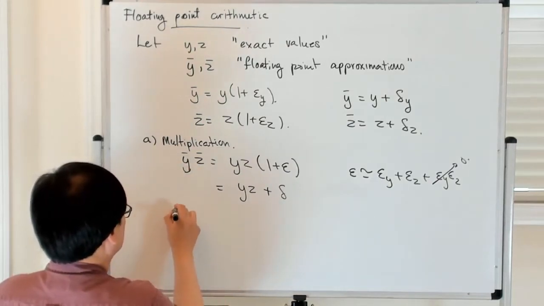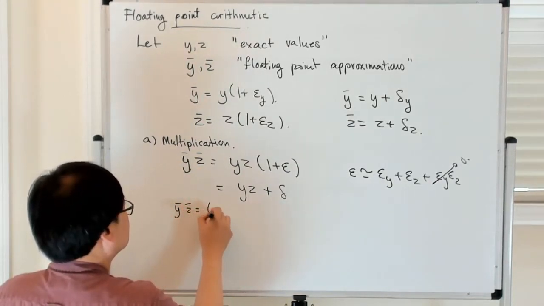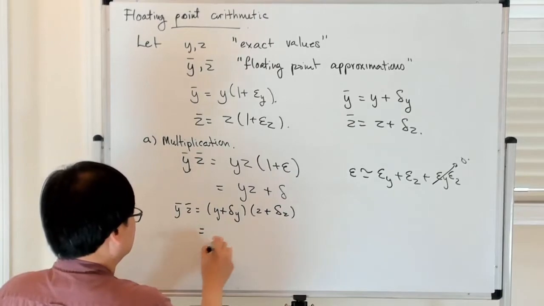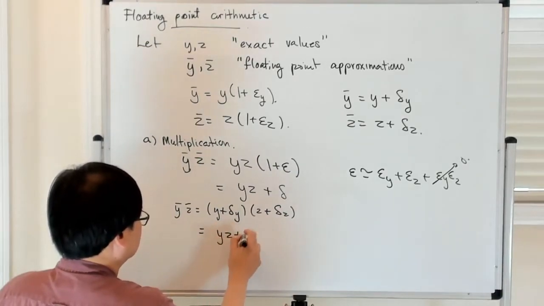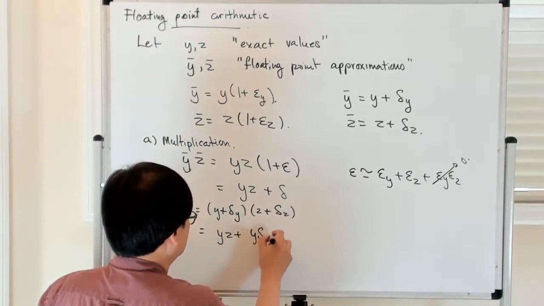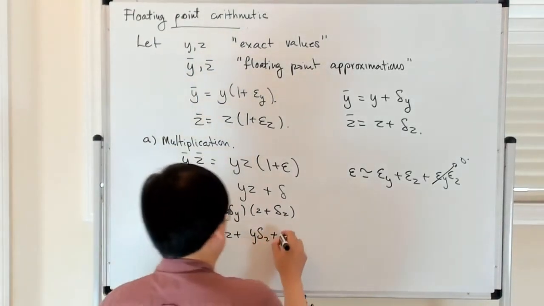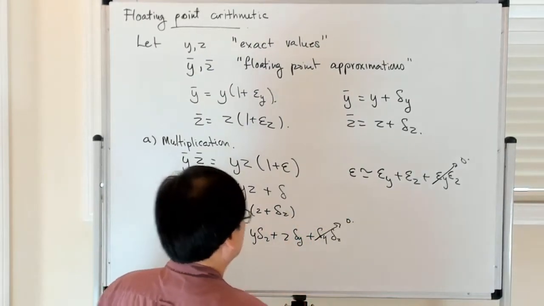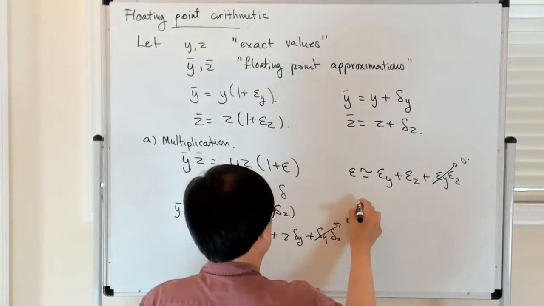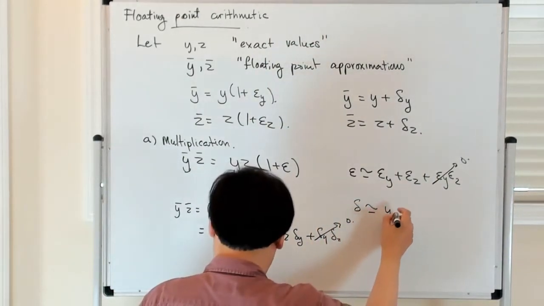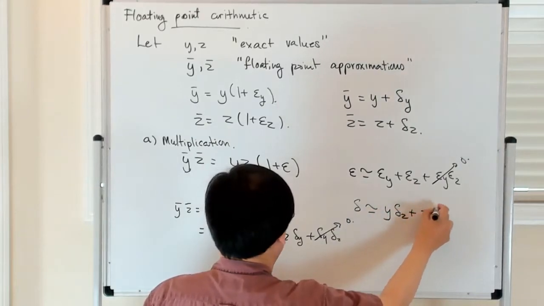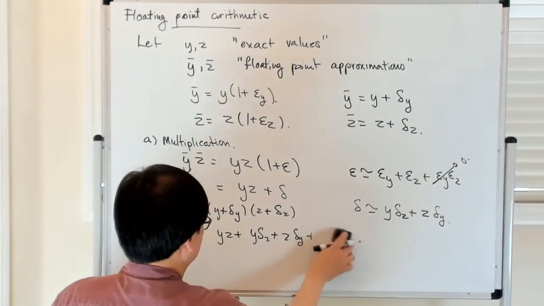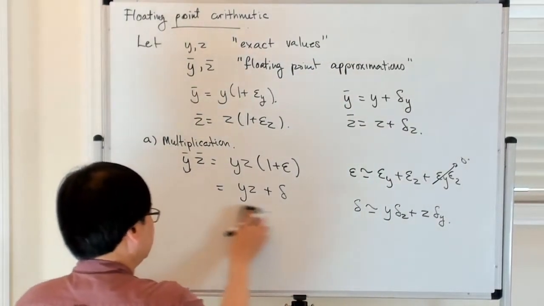So y bar z bar is (y plus delta y)(z plus delta z), which is yz plus y delta z plus z delta y plus delta y delta z, and again I'm going to assume this last term is small, and so delta is going to be approximately y delta z plus z delta y. Hopefully you get a sense as to what is going on here.